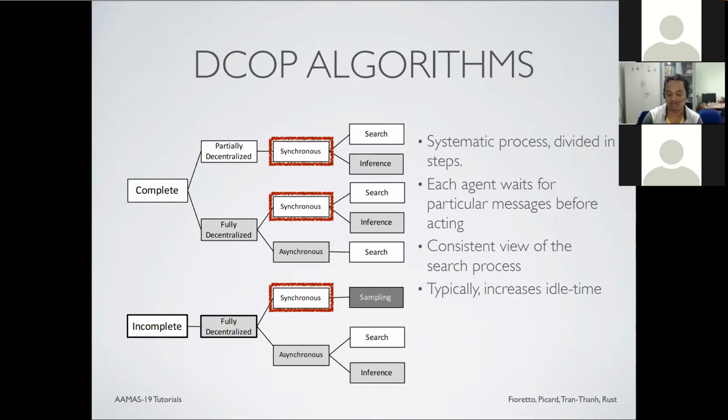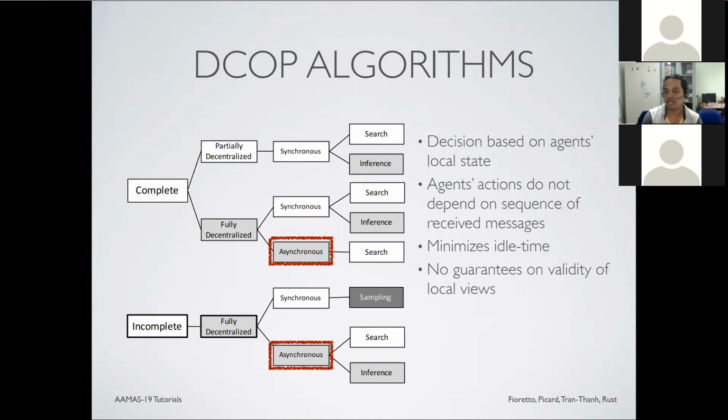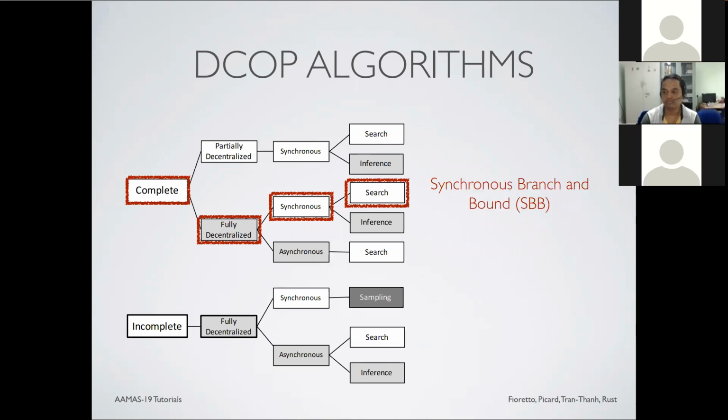So there is a synchronous approach. And another is the asynchronous approach. Each agent can work on its own without thinking of the other agent. So the first algorithm that we will be discussing is synchronous branch and bound. Under the DCOP algorithms, we will be discussing the synchronous branch and bound algorithm.